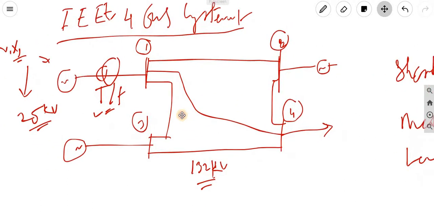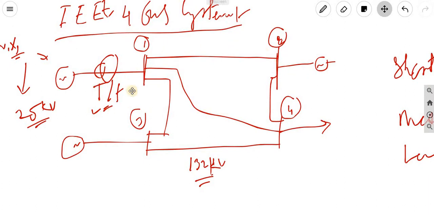Now this is the configuration. As we know, the line parameters are there. For the short line, the line parameters are R and X, resistance and inductance.